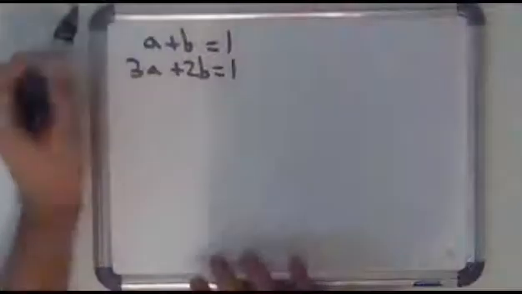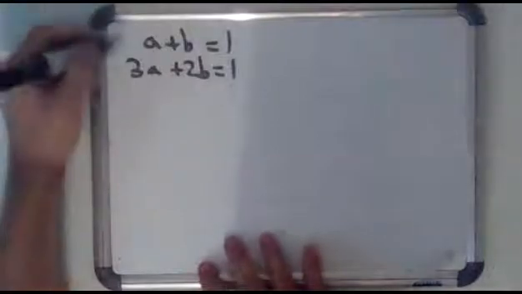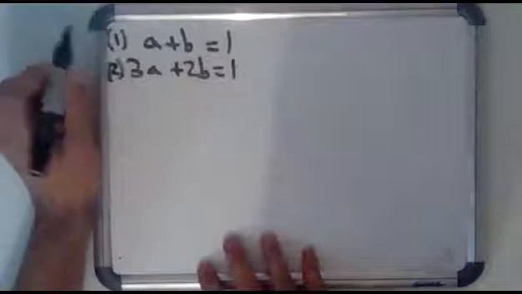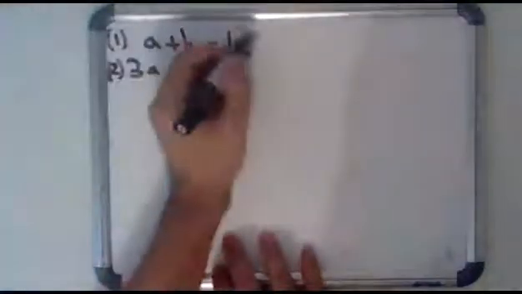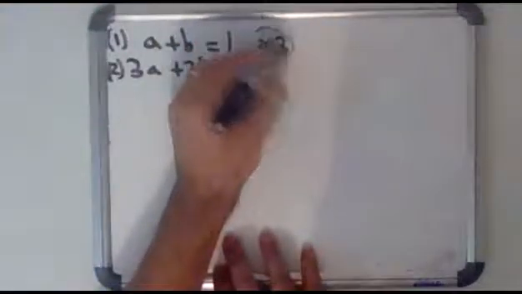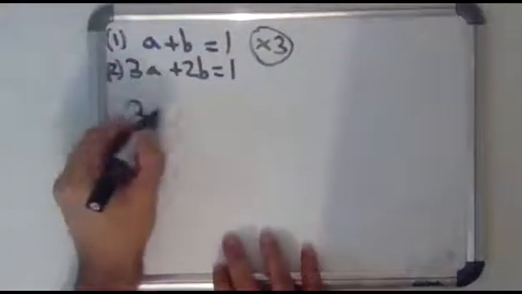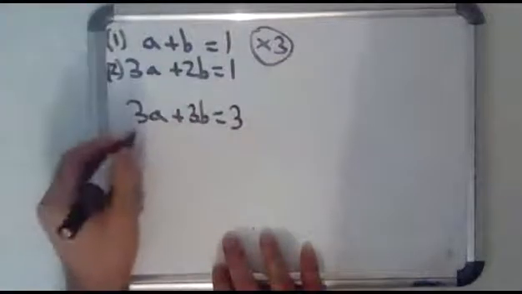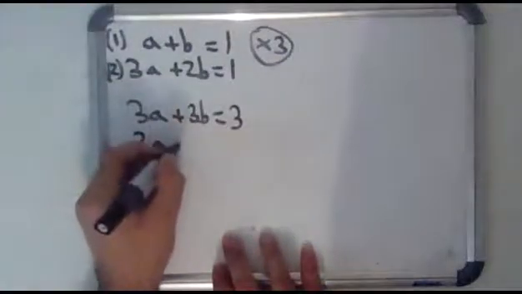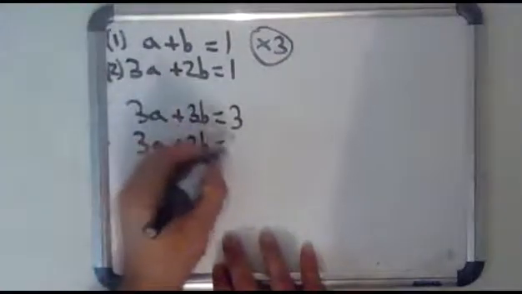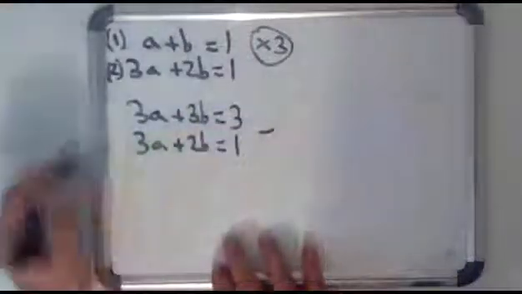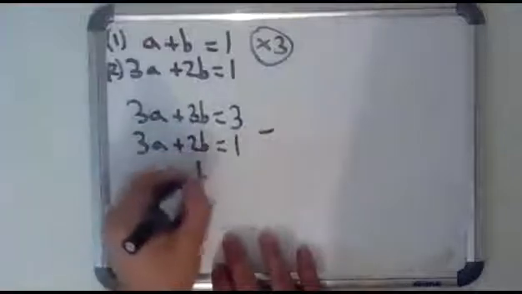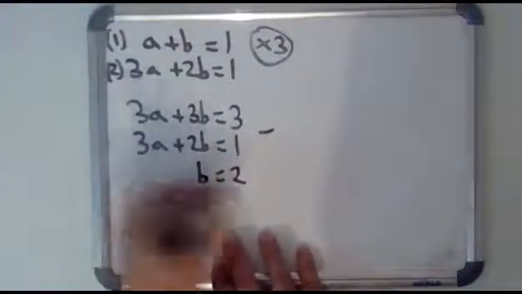I've just rewritten these two equations, so you've now got two nice linear simultaneous equations from which you can find A and B. You're probably going to multiply the first one by 3. So that would say 3A + 3B = 3. I'm just going to write this one underneath it: 3A + 2B = 1. You're going to subtract. So that is going to say B = 2.